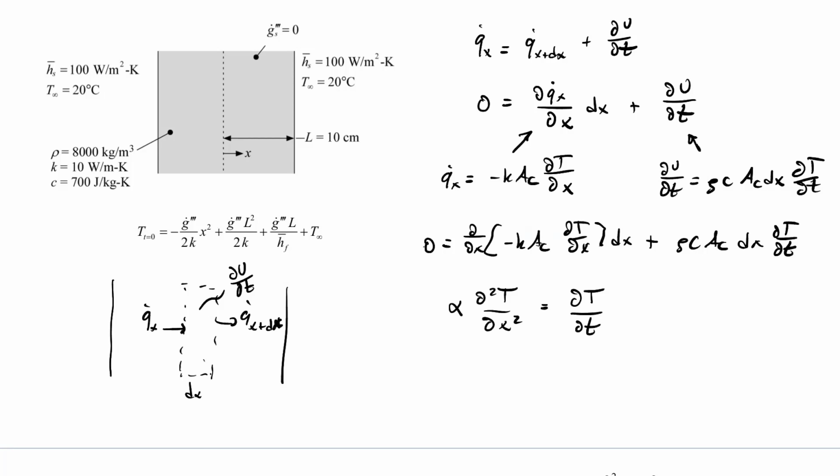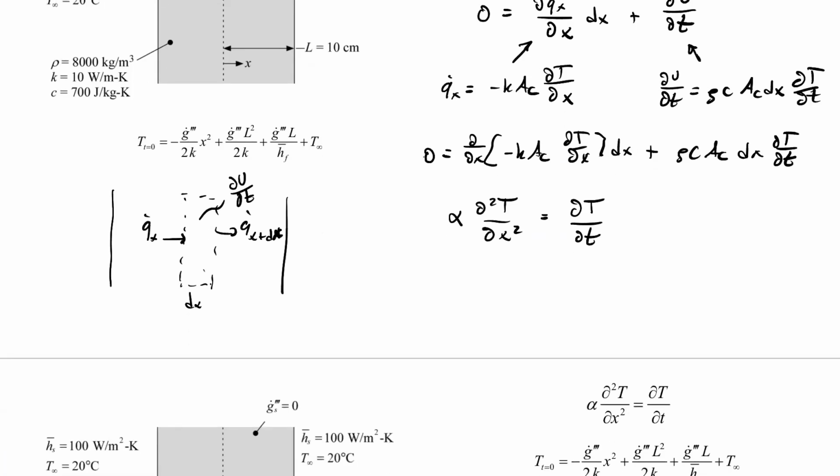So this is our energy balance and our governing differential equation, but note how it's different. Before, we had the second derivative of temperature with respect to position X and position Y in two different terms. Now we have the temperature derivative equal to a time derivative. That's the key difference here.